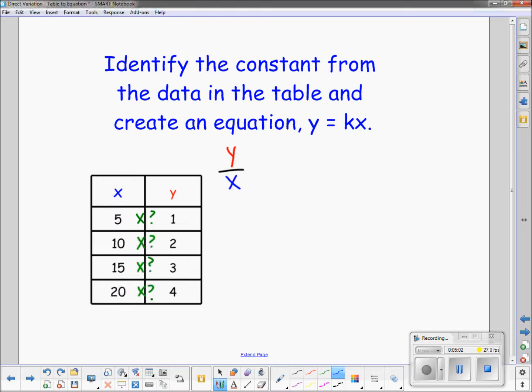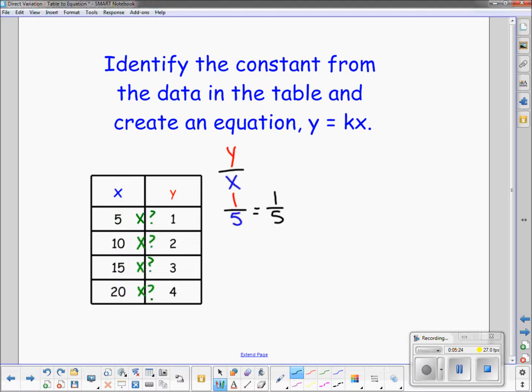When I divide, in the first example, y divided by x is 1 divided by 5. Well, there's no reason for me to actually divide because it's a proper fraction, so 1/5 is what I get for my constant.